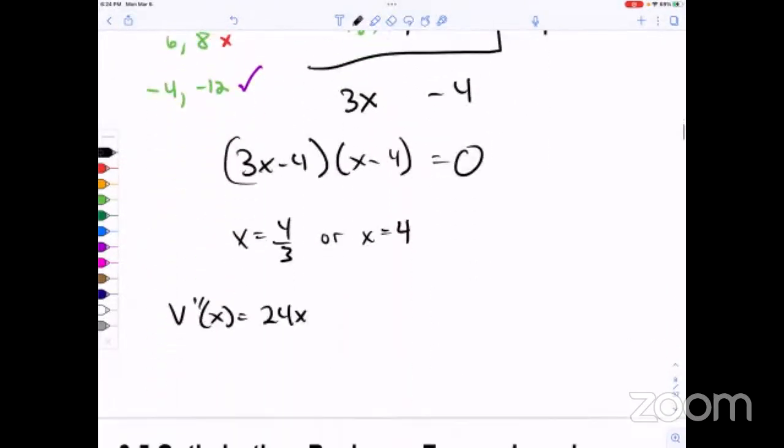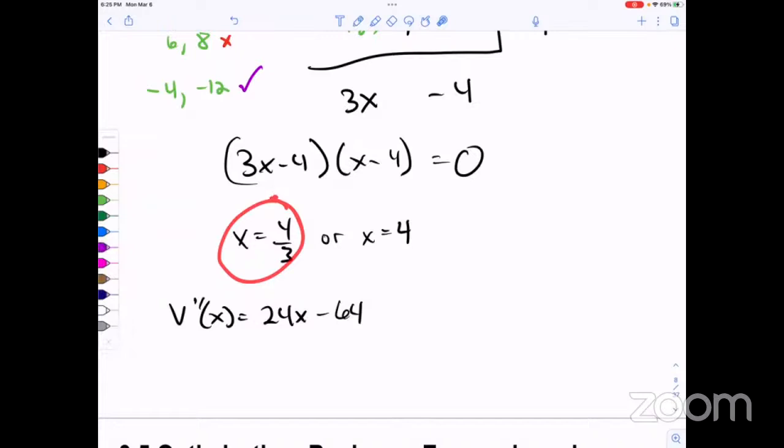If we plug that 4/3 into the second derivative, let me see. What is that? 24 divided by 3 is 8 times 4 is 32. So if we plug this first one into the second derivative, it's going to be negative. The second derivative being negative means that the graph is concave down, which means that's a max, right? So this should be a local max. This is one candidate for max.